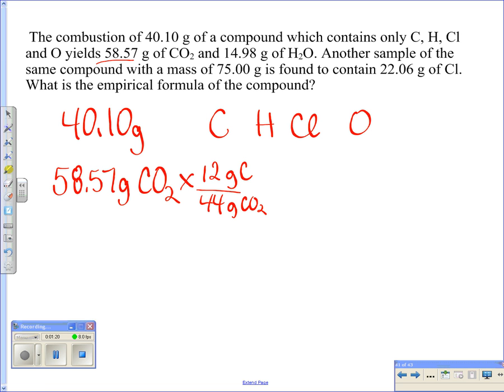That's just from the molar mass. And so when I calculate this out, my CO2 is going to be gone and I'm going to have my grams of carbon. So when you work this through, you end up with 15.97 grams of carbon.